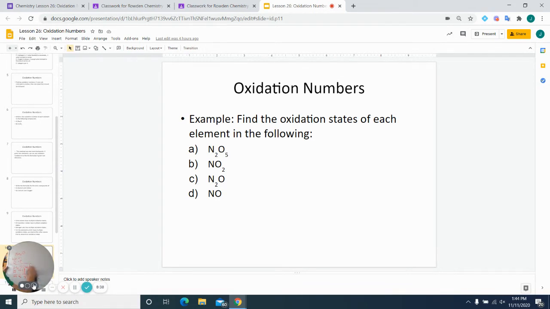Because nitrogen is not in the list of elements that are predictable, I'm going to do 4 examples in a row where you get a different number for nitrogen each time because nitrogen can change depending on what it's bonded to. So we'll do N2O5, we'll do NO2, we will do N2O, and then we will do NO.